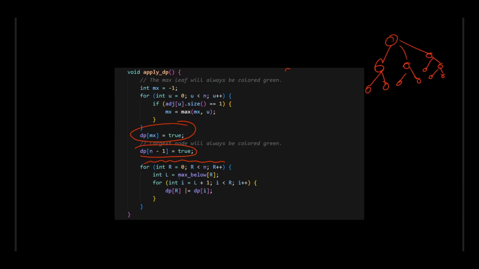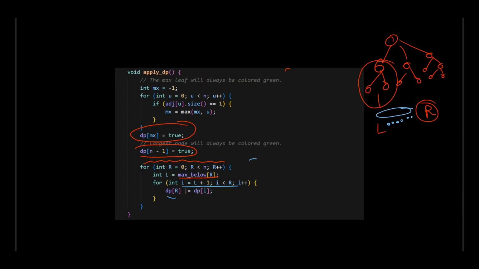So you first compute what is the maximum label in your subtree. This is the maximum label in your subtree, and then you find out if this maximum label is L and the value that you are on is at R. Then you find out if there is a pivot that you can use that is greater than L but smaller than R. So then you iterate over this entire range and you see if any value is true in this range.